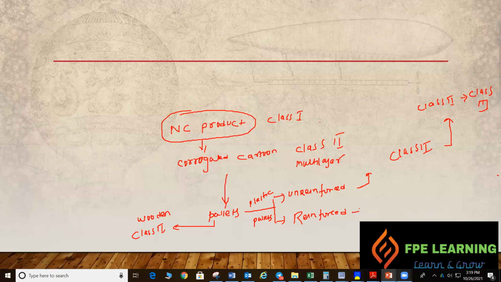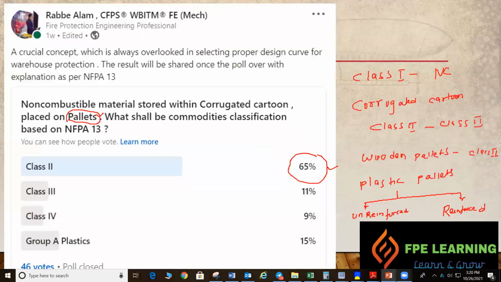But if this plastic pallet is reinforced type, then NFPA says that we have to increase 2 classifications. So class 2 will become class 4 commodities classification, right? So for our question, the exact answer will be class 4 commodities based on NFPA 13.